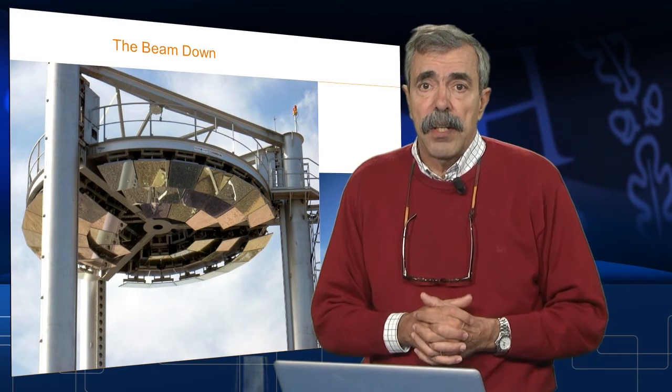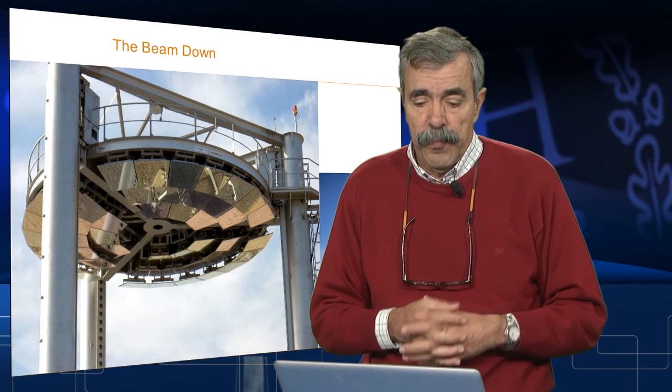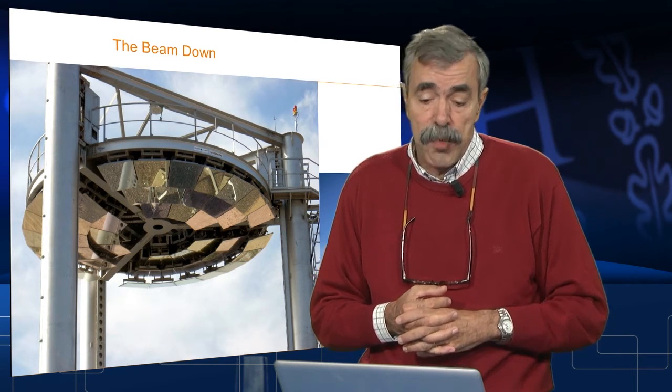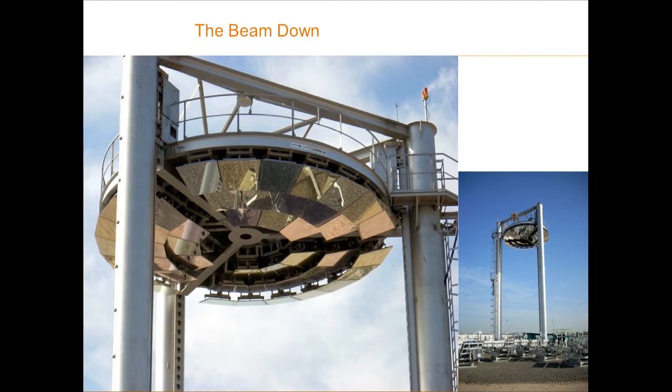Among the systems that are available, one which is very, very strange is the beam down system. Beam down means that you have a solar field composed of heliostats, similar to the ones we use in the tower configuration. Those heliostats are going to be reflecting the light of the sun and projecting it on a dome.